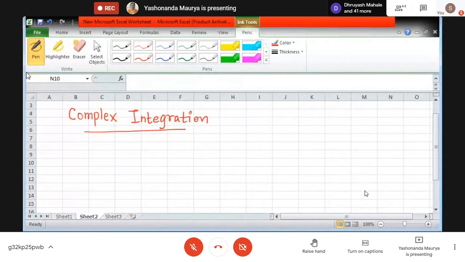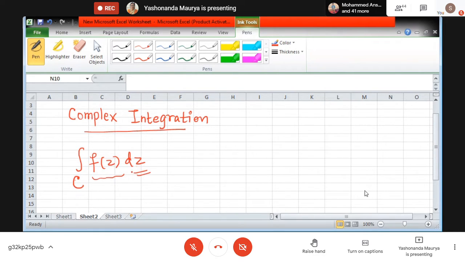The first thing that we have seen is that we are trying to integrate a function f of z, a complex function, with respect to dz along a curve which will be given in the question.